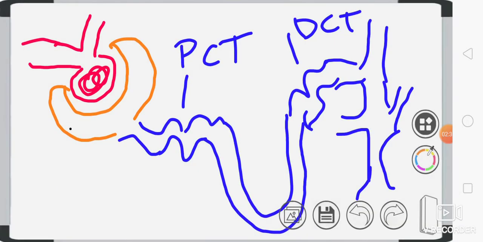So as I said, the afferent arteriole is thicker than the efferent arteriole, because the blood has to enter with a very high force in order to get filtered. So blood will enter from here, it will go here and it will get filtered here.